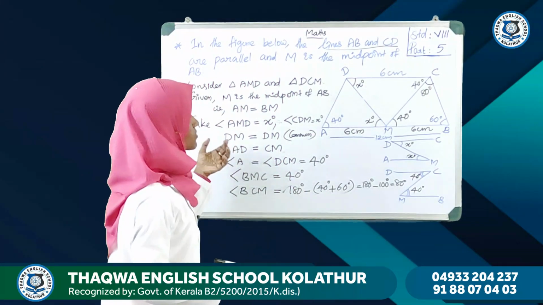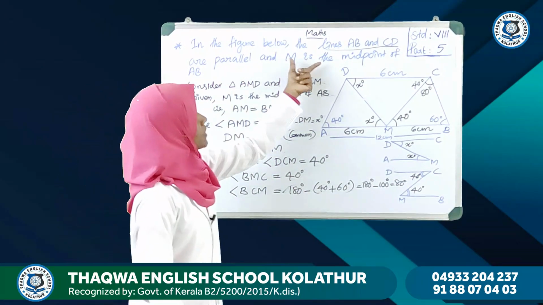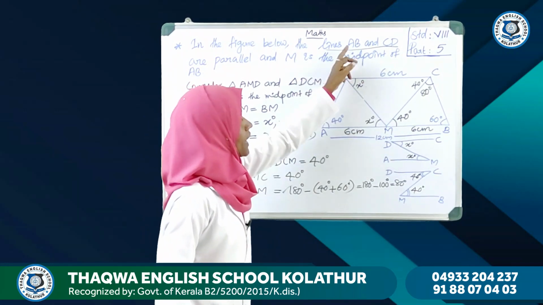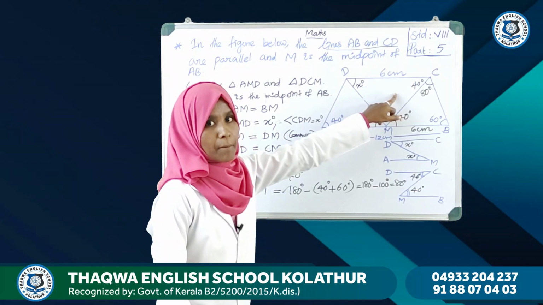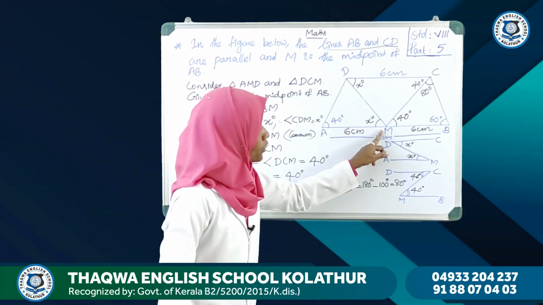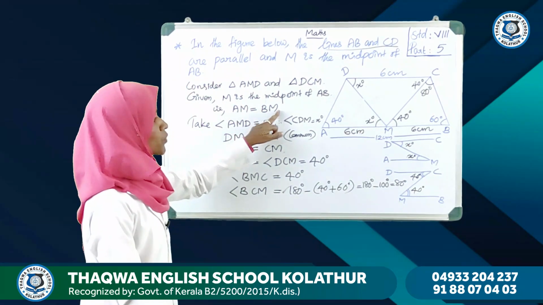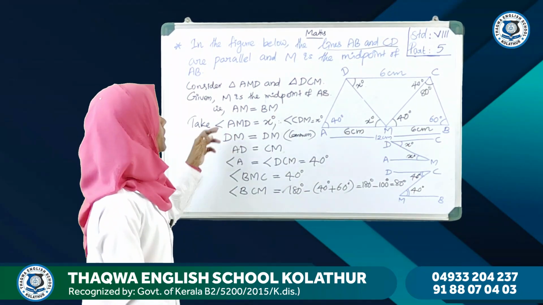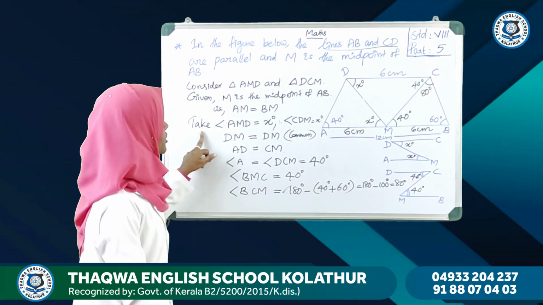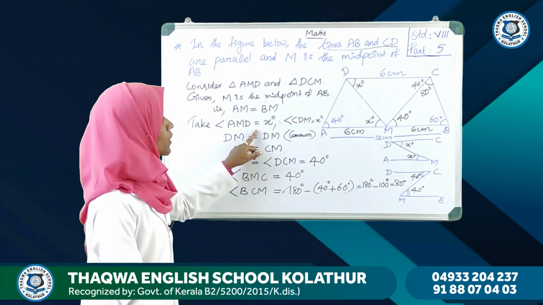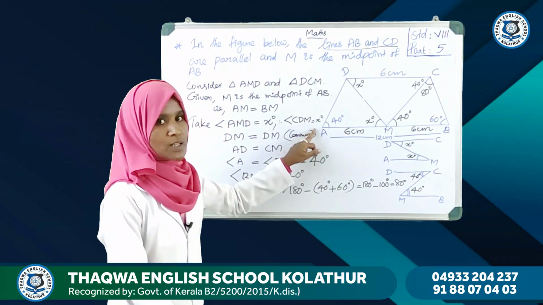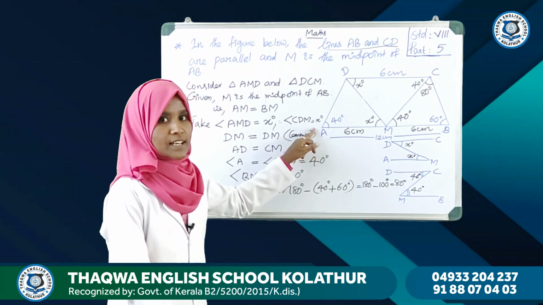Once again, I repeat. In your question, you have given M is the midpoint of AB and the lines AB and CD are parallel. If M is the midpoint of AB, we can write AM equals BM. Then if AB and CD are parallel, by taking angle AMD equals x degree, we can write angle CDM is also x degree. What is the reason?